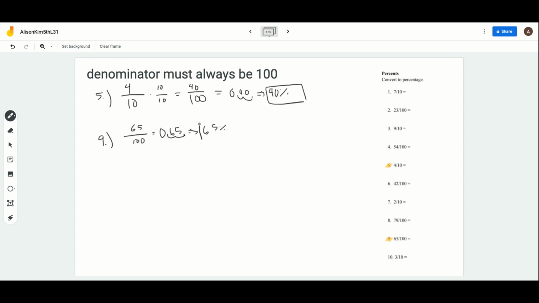And once again, this is the longer but easier way, and the shorter but kind of complex way would be just dividing the numerator by the denominator to get the percent or decimal. And then you just once again move the decimal point to the right twice to get your percent.